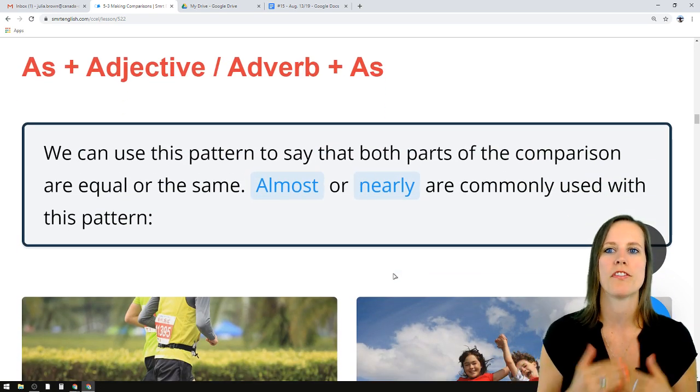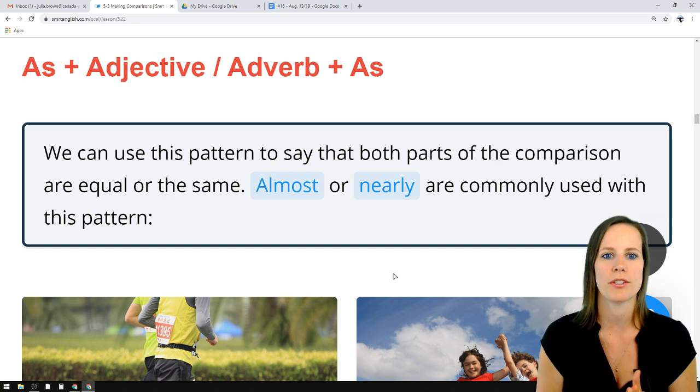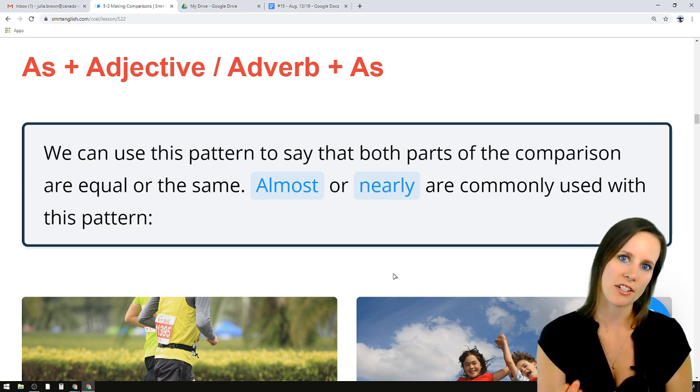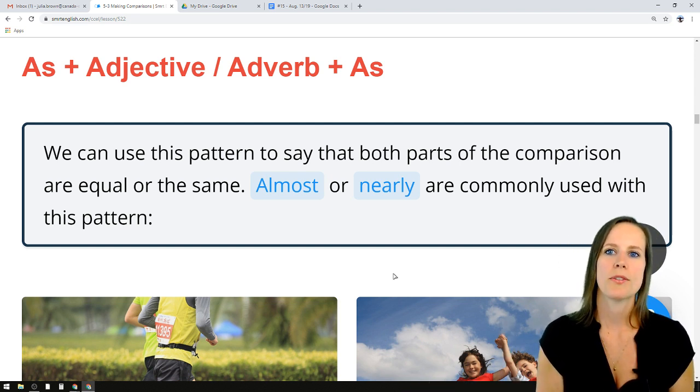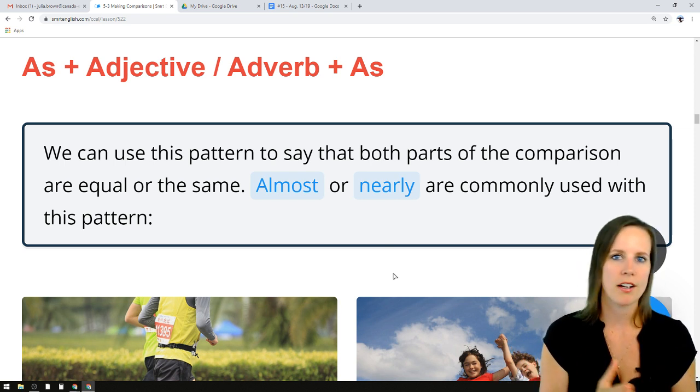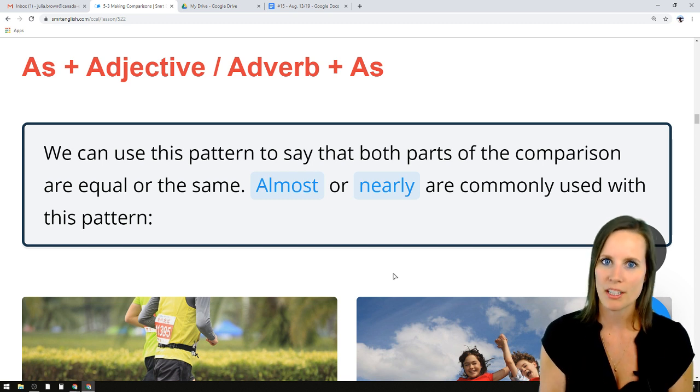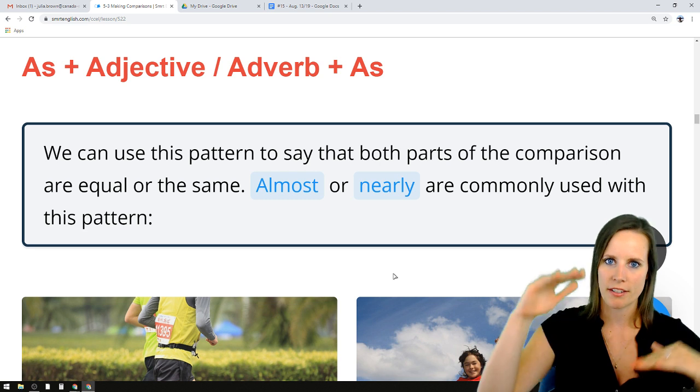So the first form of comparing that we're going to talk about together is the as, adjective or adverb, as form, okay? So if we use the positive form this way, we are saying that both parts of the comparative are equal, okay? So they are equal and there's no difference, equal.